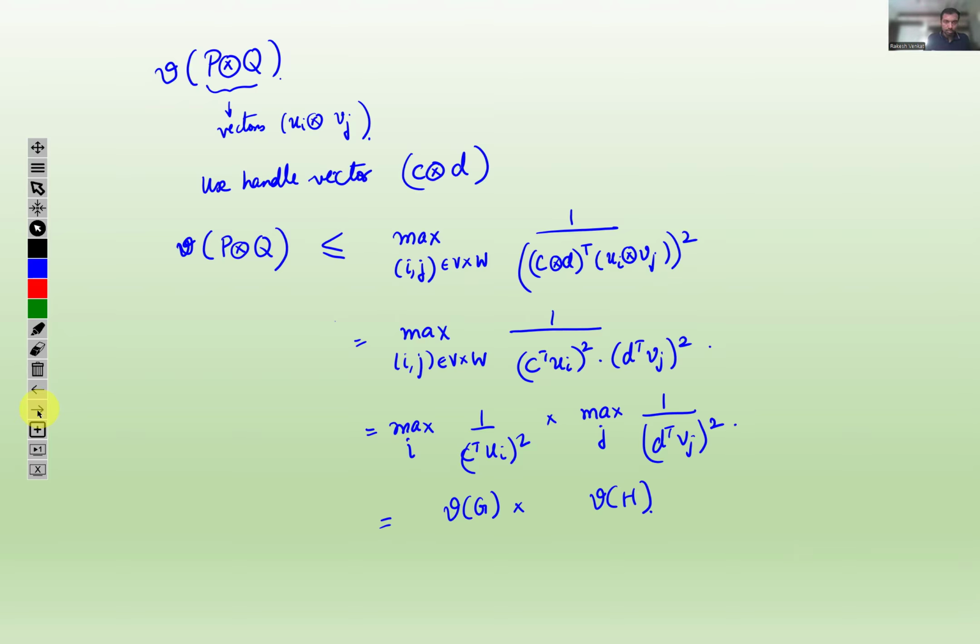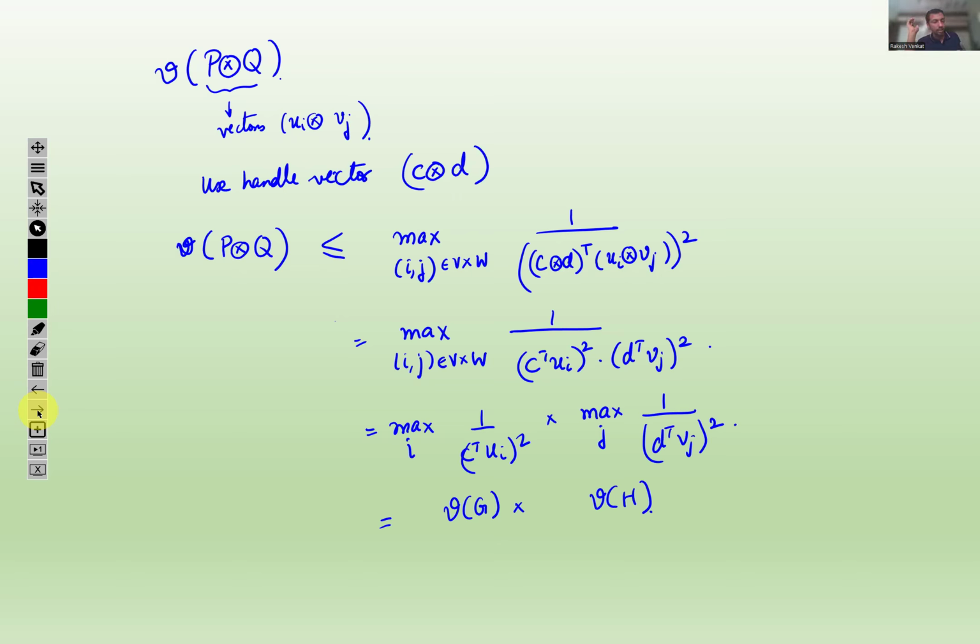So can we say something about when equality will hold? You're asking when will equality hold? Actually, equality holds always when you look at theta functions. It's just that here I'm only showing the inequality because that's all we need.